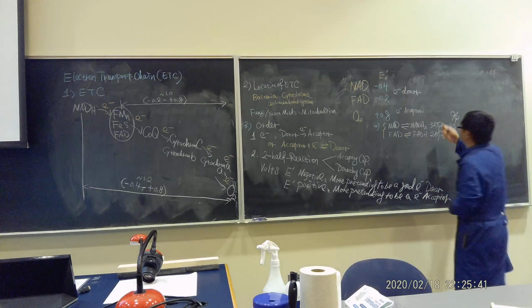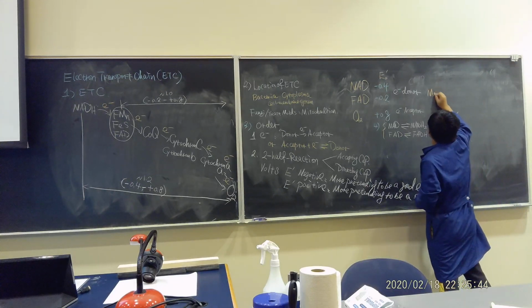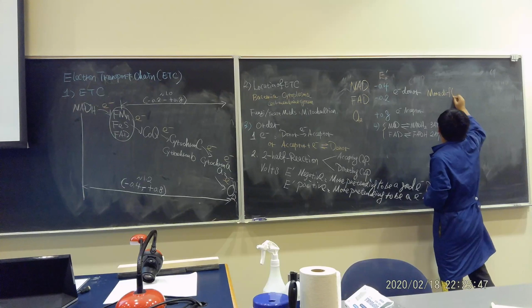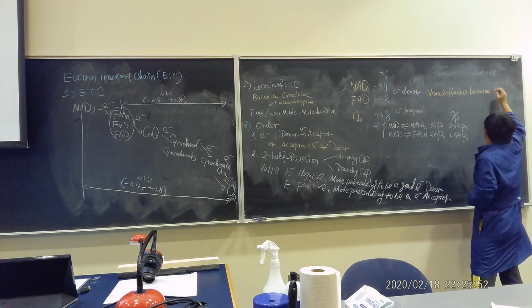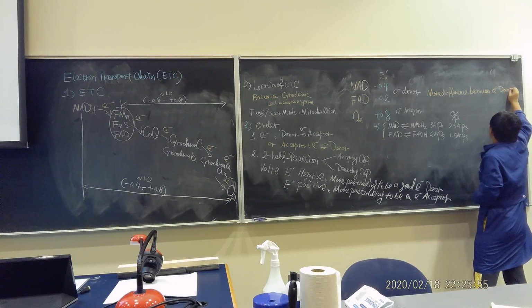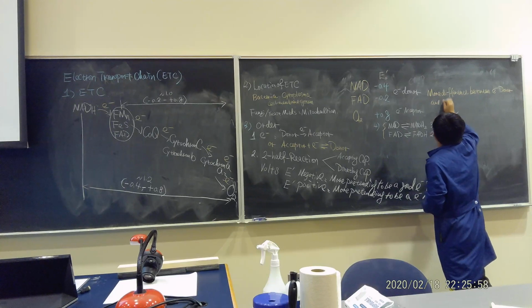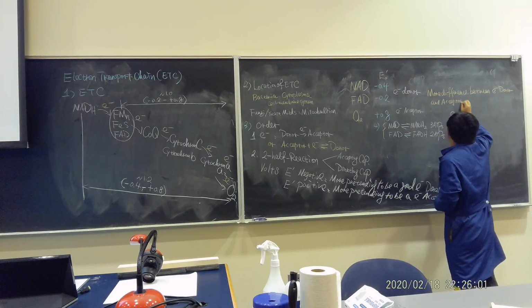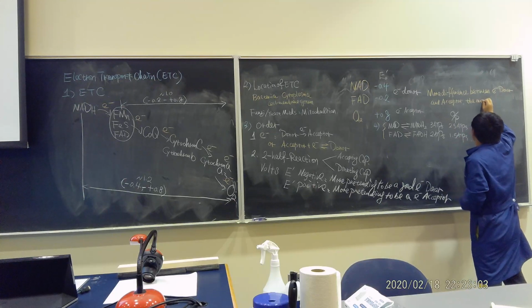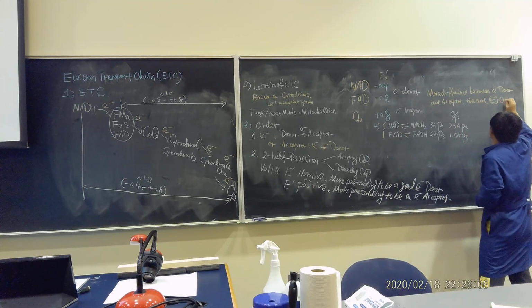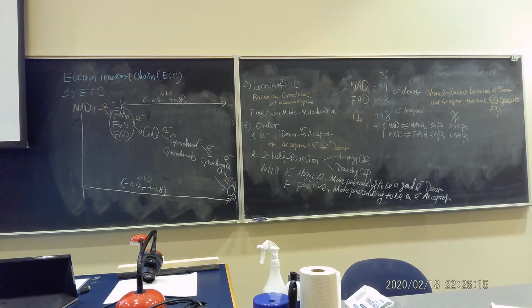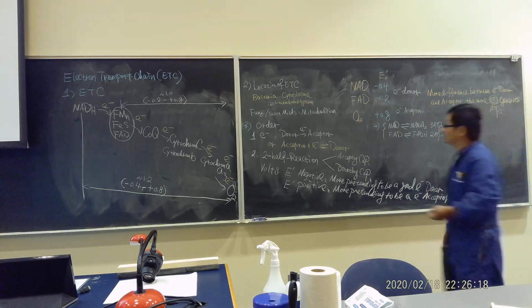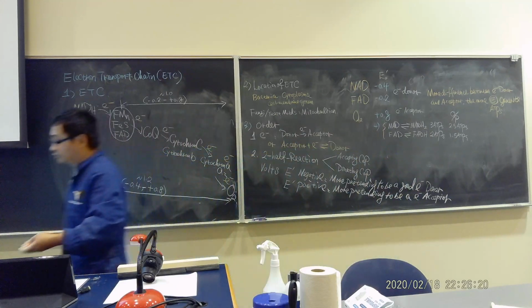Okay, so here comes another thing: the more difference between electron donor and acceptor, the more energy generated, which means ATP is generated. Okay, so this is something we really want to mention before we move on.